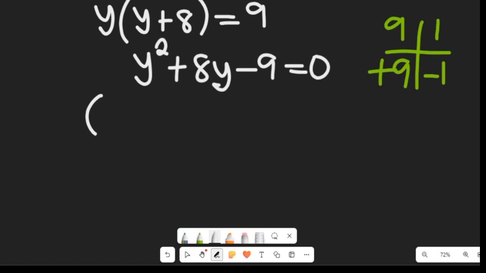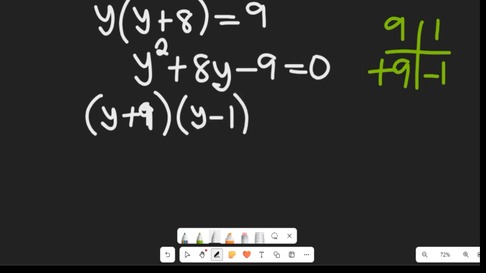But since we are doing factorization, we can do that easily. This will give us y plus 9, and on the other hand y minus 1, which are these two factors we've gotten, equal to 0.